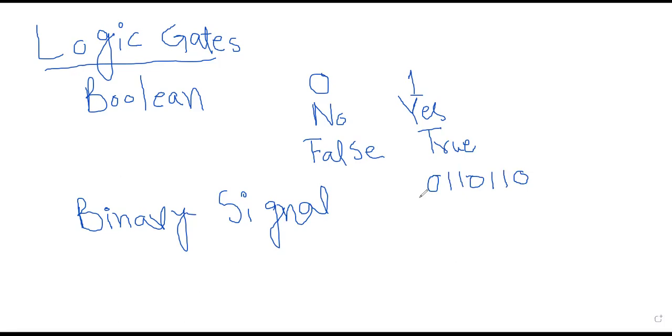First output is 0, second is 1, third is again 1, then 0, then 1, 1 and 0 respectively. So let's divide this in seconds. Let's suppose in 1 second my output is 0. In 2 seconds my output is 1. In 3 seconds it is 1, and so on.